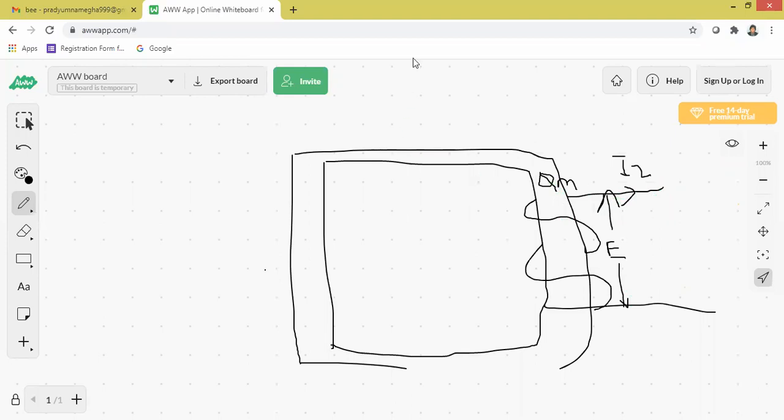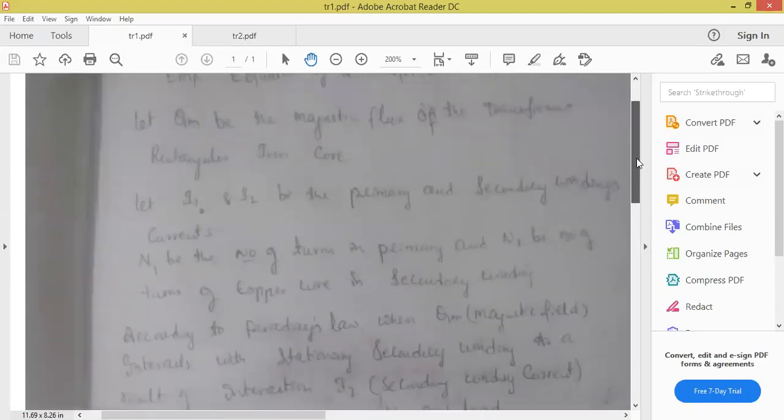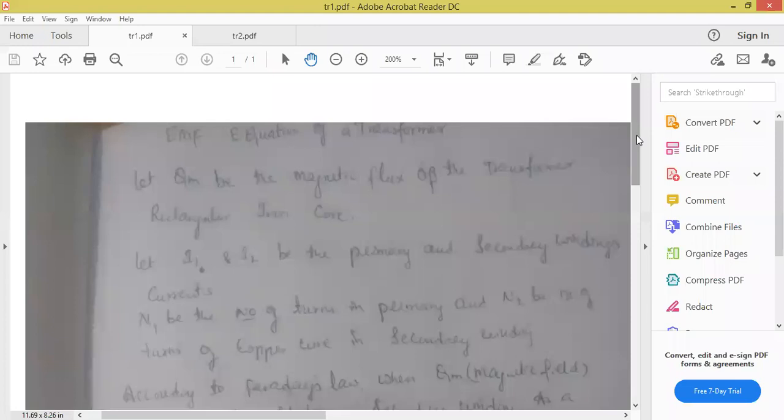Now let us start our derivation with this particular concept. This derivation is very important. In the examination, if asked to explain the transformer, you must explain the previous class theory part and this particular derivation. How much electricity is transferred from primary to secondary winding is given by the EMF equation of a transformer.